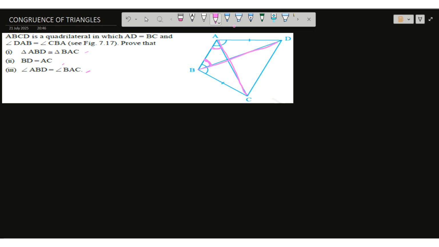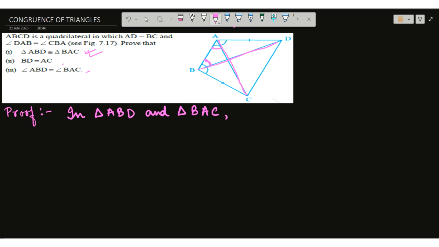We have to prove these three points. Now we will prove. Which triangles do we have to prove congruent? Triangle ABD and triangle BAC. In triangle ABD and triangle BAC, what is given first?